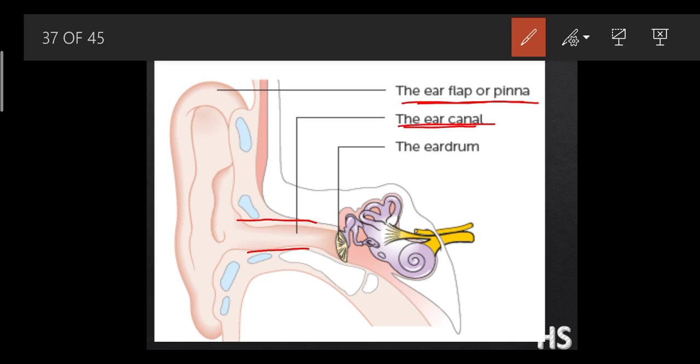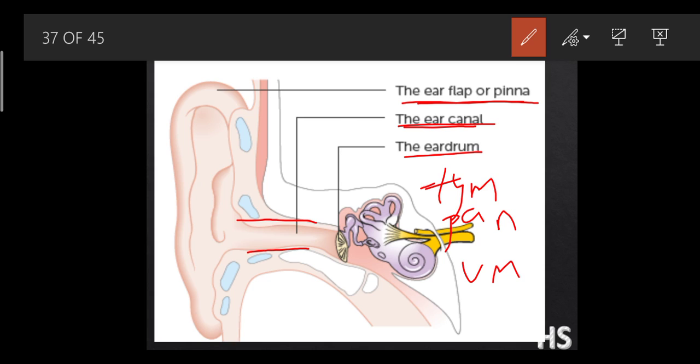And the third one is called the eardrum. What is the function of this eardrum? This eardrum is also called, biologically, the tympanum. What is the function of a normal drum?